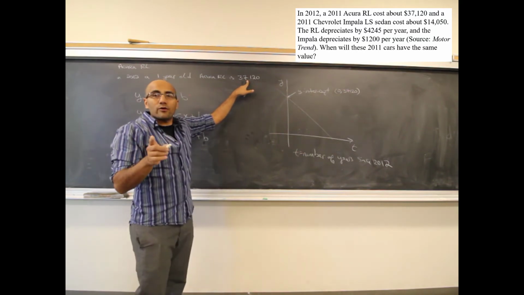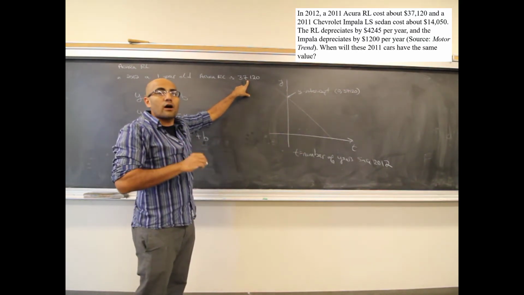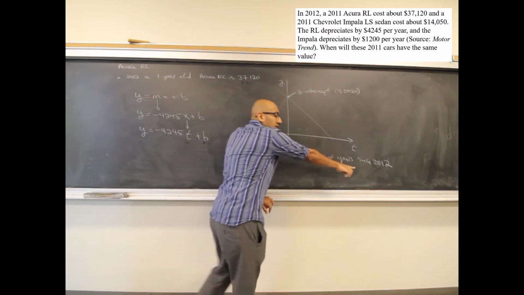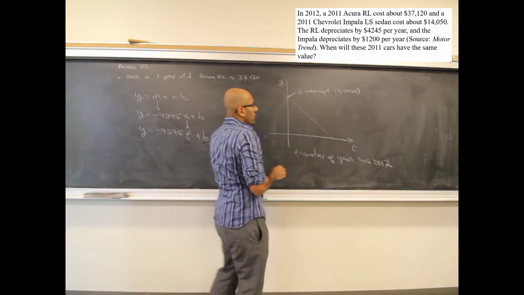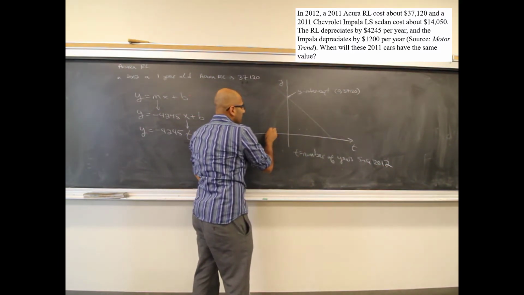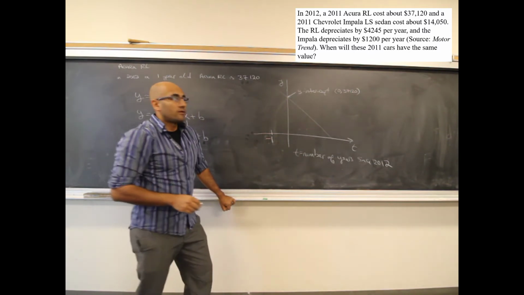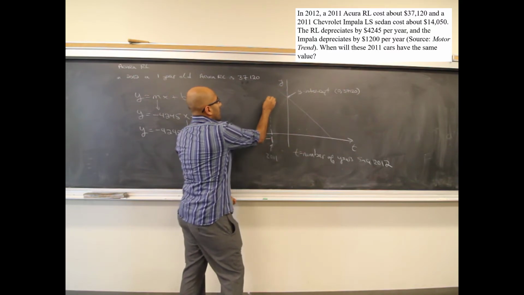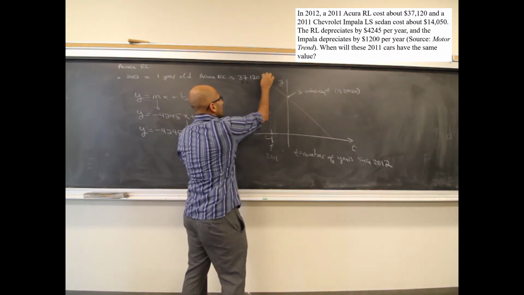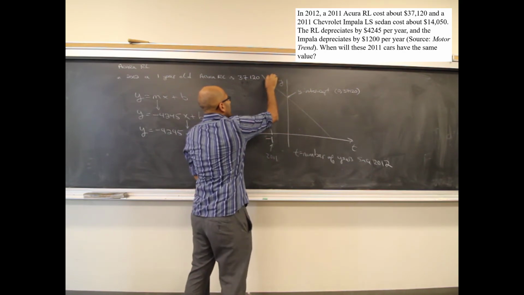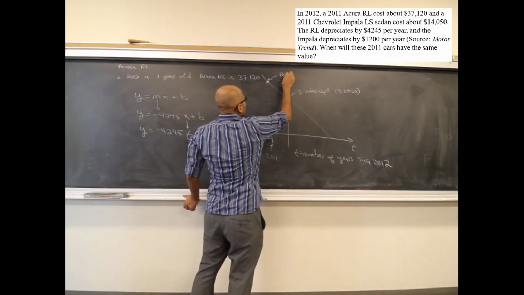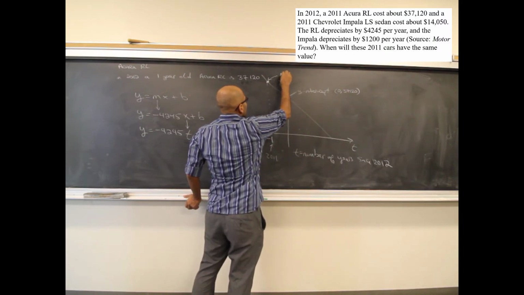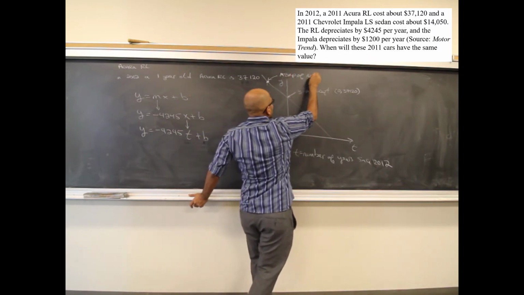However, it is not the price of the car when it's brand new, because the brand new car is from 2011. So if you make the choice of making that 2012, that means that -1 is a valid point for you. -1 would represent the year 2011, which means that where this graph crosses over there would be the price of the new car, the MSRP of the new car.